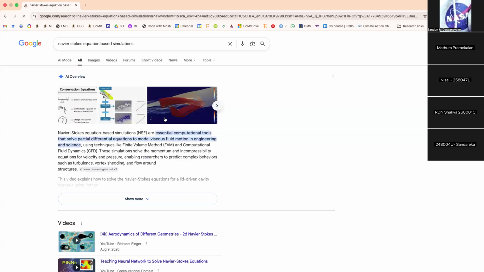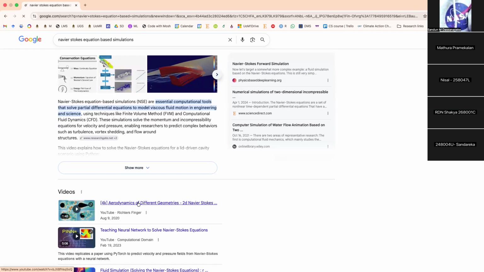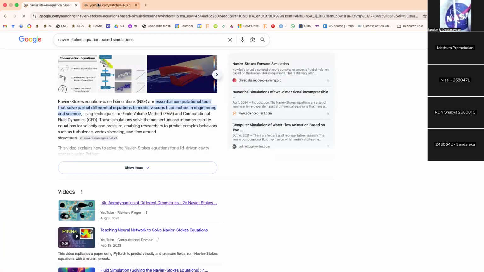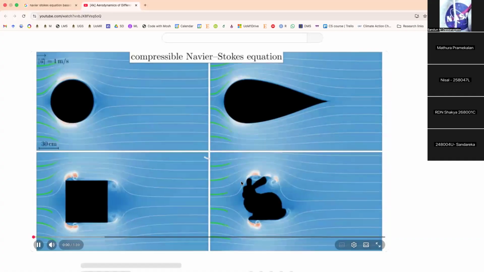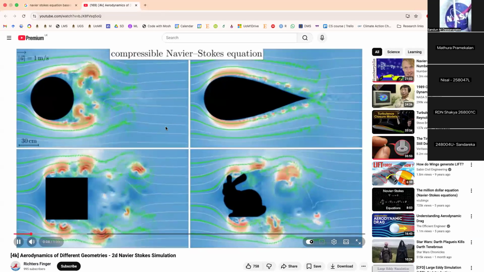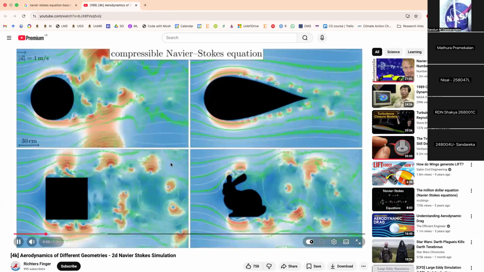So if you look at the base simulations, these are some of the simulations. This is 2D Navier-Stokes. This is what we call simulation. The internet might be off, but anyway, we don't need sound. These colors are given later, okay?